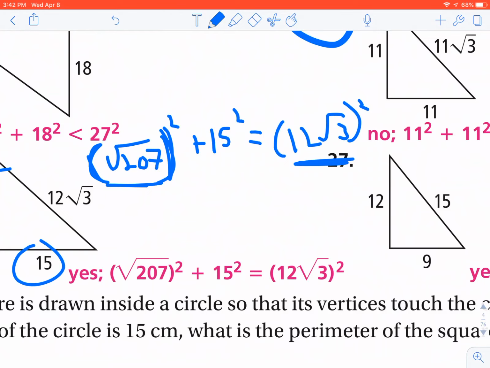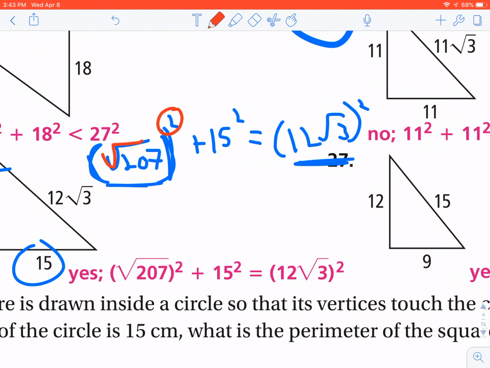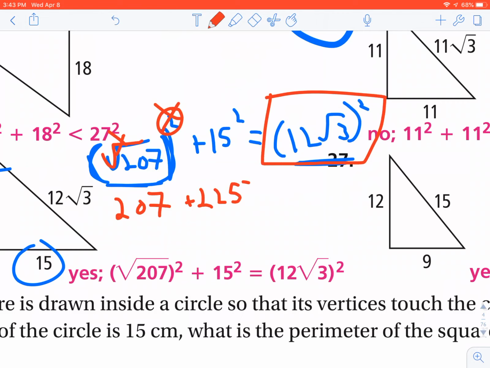If you square something that is square rooted, all that's going to happen is the square root and the squared are going to be undone, and you just get 207. Plus 15 squared is 225. Now, if you just type this in your calculator exactly as I have it written, you'll be okay.